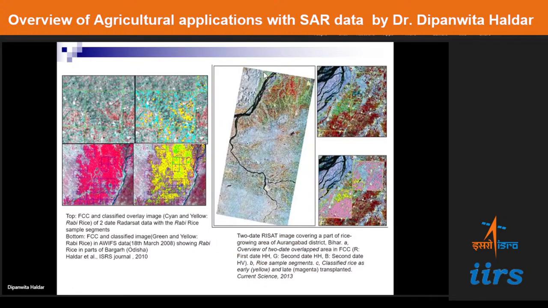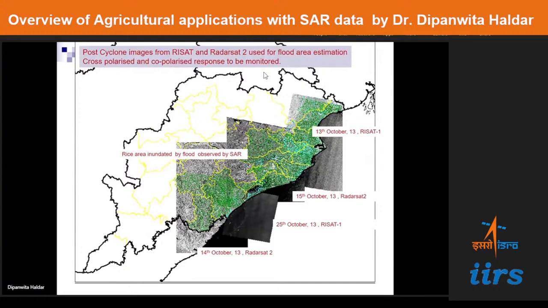Now, this particular figure is the application of this. Once you compute the rice area, this green part is the state of Orissa. All the districts are shown using these yellow borders, and the rice area is seen as the green layer. And this cyan layer, the blue layer overlapping, is the flood layer. So there was a cyclone in 2013.